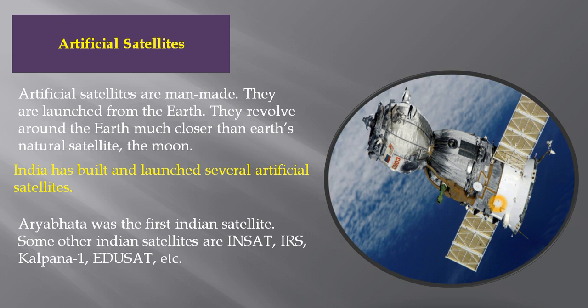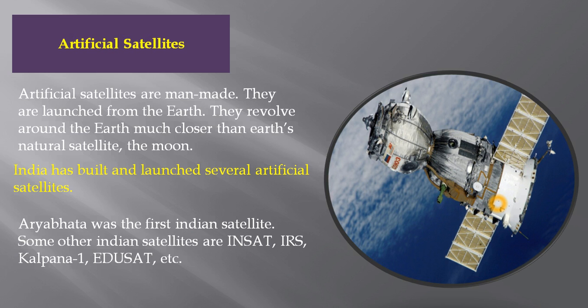These artificial satellites carry a large variety of equipment and instruments inside them. They carry sound and picture relaying machines, cameras, infrared sensors, telescopes, and many other types of instruments required for doing great jobs.